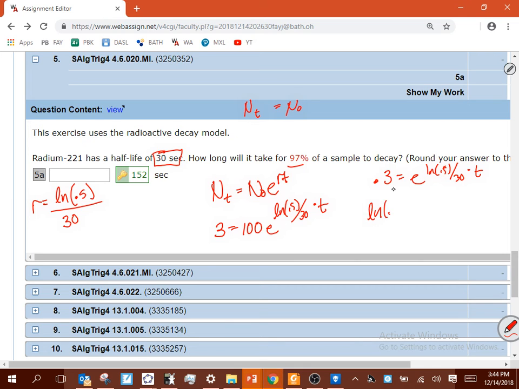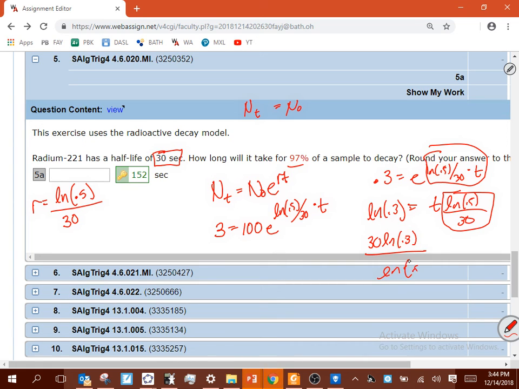Ln both sides, so ln of 0.3. T can go up top, so t times ln of 1/2 divided by 30. Multiplied by that thing's reciprocal, it gives me 30 ln of 0.3 divided by ln of 0.5. That should be the time that it takes to get down to what's left over.